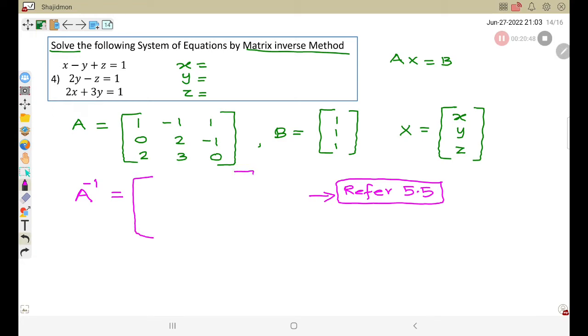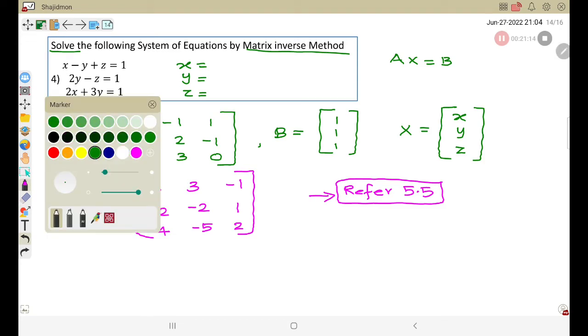So A inverse equals whatever answer we got there: 3, 3, -1, -2, -2, 1, -4, -5 and 2. You can refer to that recorded class, section 5.5. So this is the A inverse matrix.